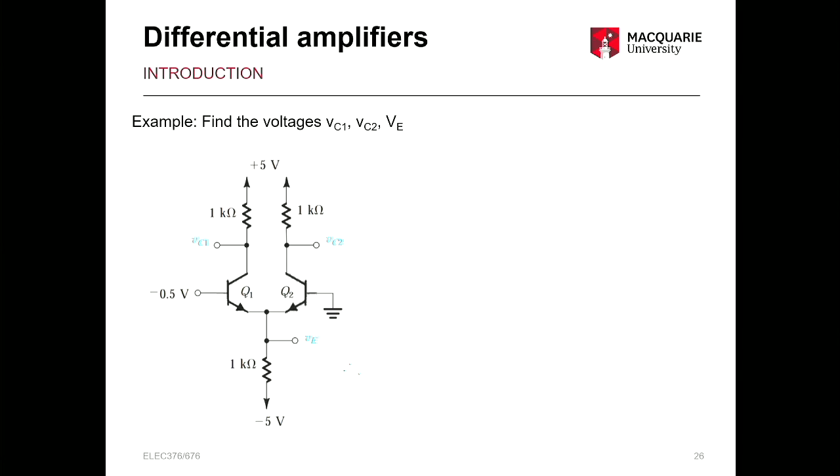We start by assuming Q2 is in the active region, and we start the analysis from there. So for Q2, we know that our VBE, this voltage, is going to equal 0 minus the emitter voltage VE.